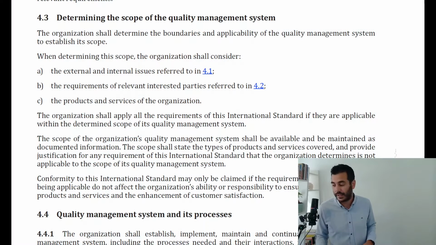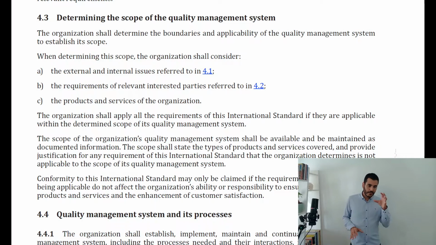What this means is that if, for example, we are considering supply and distribution of medical devices, then for the activities of medical devices, for your organization, we have to consider all of the requirements that are mentioned within this particular standard. And the standard says that the scope of this organization's quality management system shall be available and maintained as documented information.